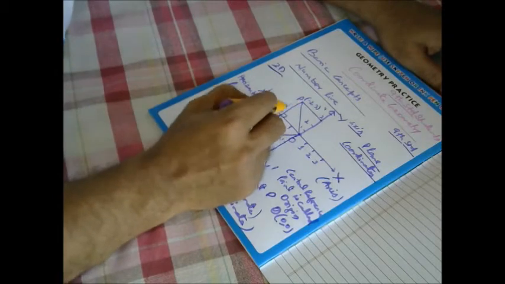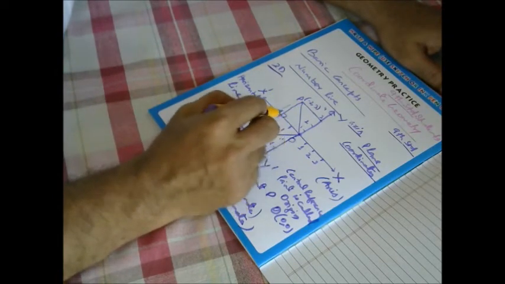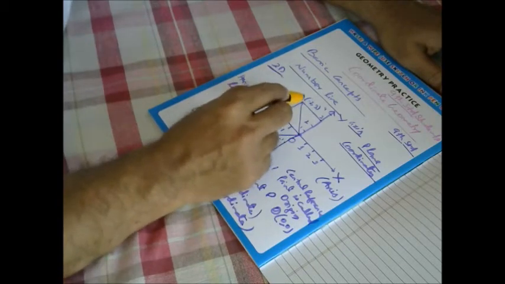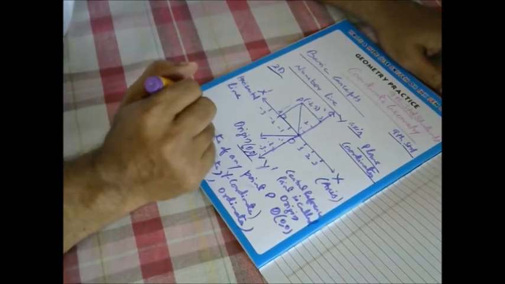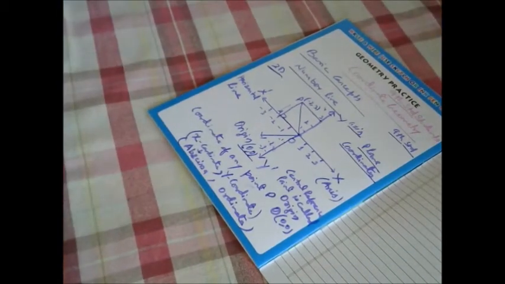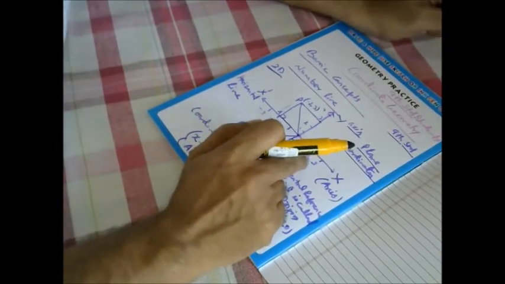So this is the x coordinate, and this is the y coordinate. Now suppose somebody says this has 3 only, you are writing only 3.